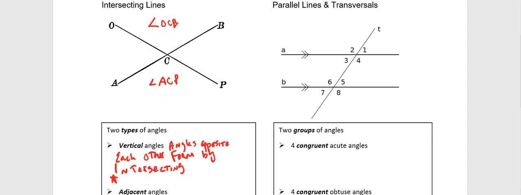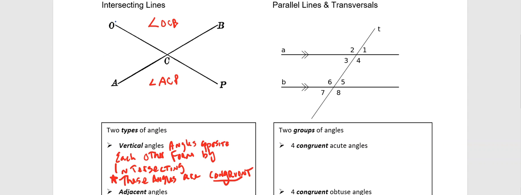Okay, so this is really key. These angles are congruent, which means they're equal. So if I know the measure of angle OCB, automatically I know the measure of angle ACP. Now there's not just one pair of congruent angles that are vertical angles, there's actually a second pair.